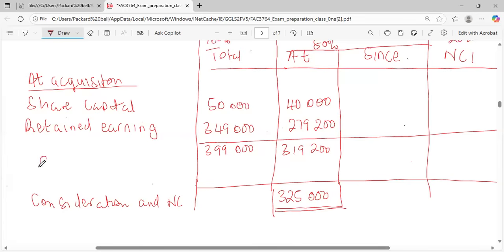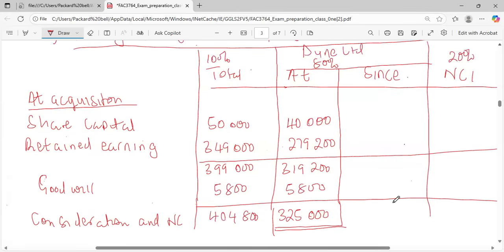There's going to be goodwill, yes. So the difference between the two is going to give us goodwill. So we minus from 325,000. So our goodwill is going to be 5,800 here, right? Then 5,800 here. Then we add, it's going to be 404,800.